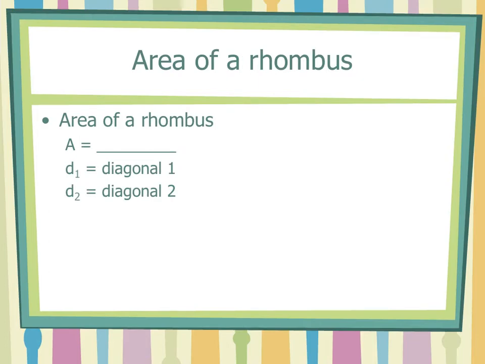And next we have the area of a rhombus, which is 1/2 times diagonal 1 times diagonal 2. So we're just multiplying the diagonals and multiplying that by 1/2 in order to find the area.